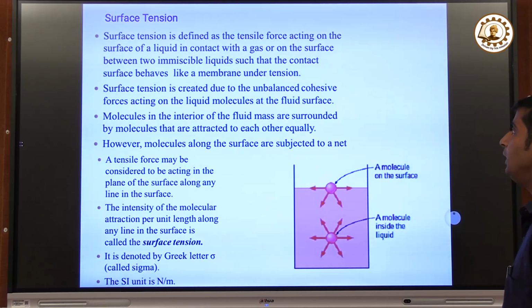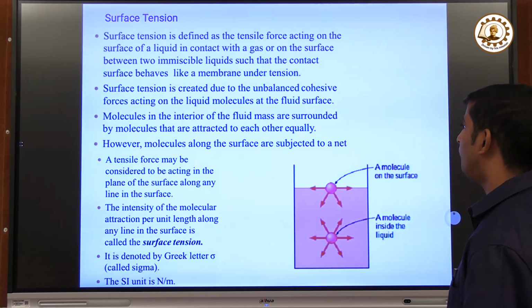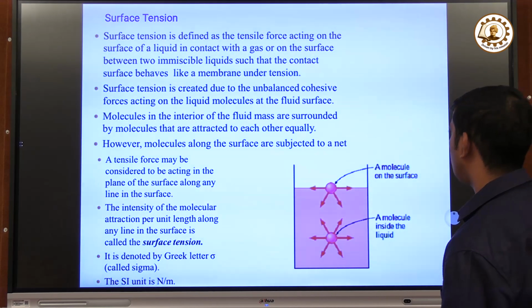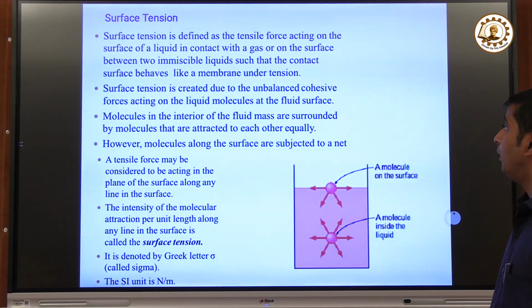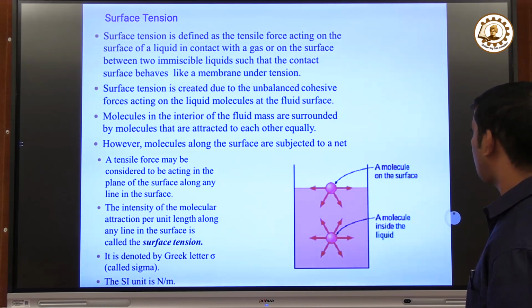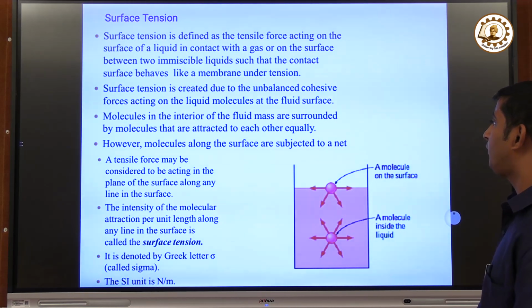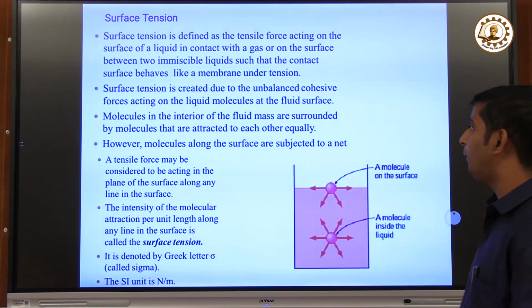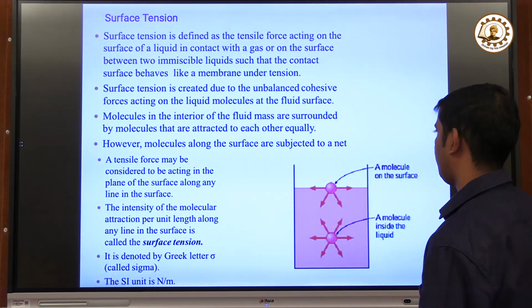Molecules in the interior of the fluid mass are surrounded by molecules that attract each other equally. However, the molecules along the surface are subjected to a net force. A tensile force may be considered to be acting in the plane of the surface along any line of the surface.